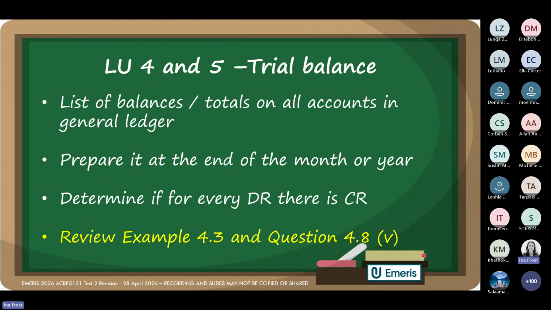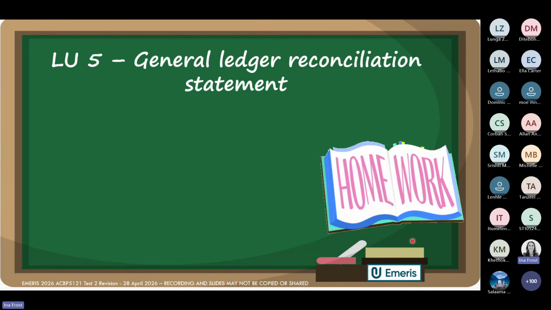And the trial balance will then determine that there was a debit for every credit. If you want to go through questions and examples with trial balances, look at example 4.3 and question 4.85 is also a trial balance.